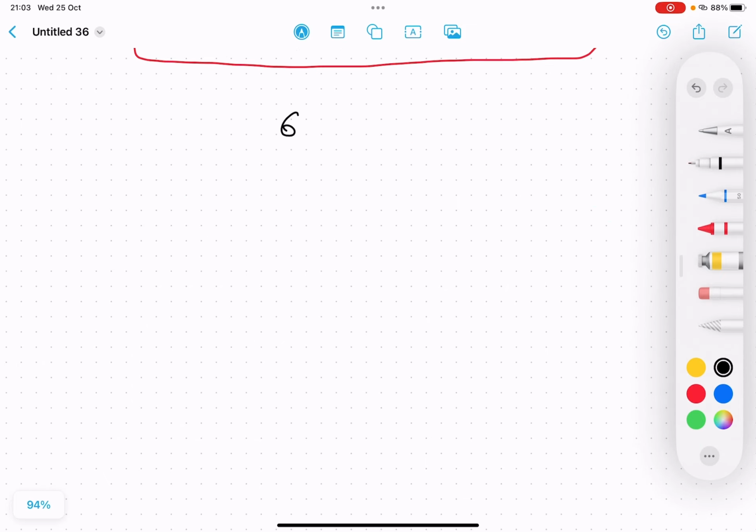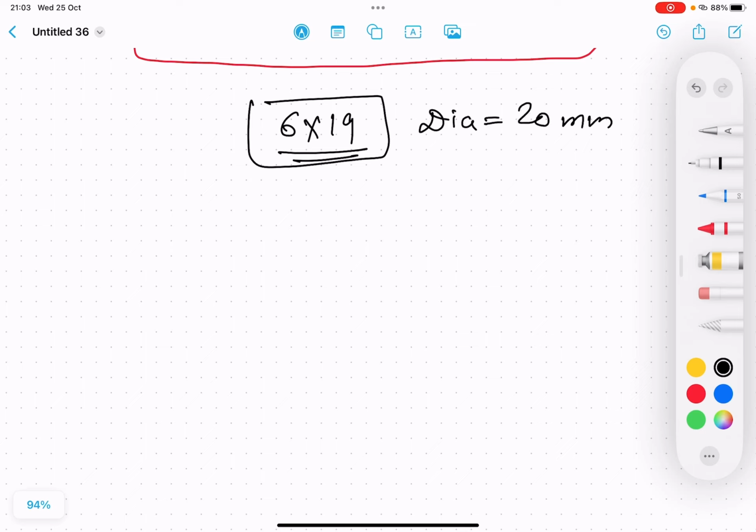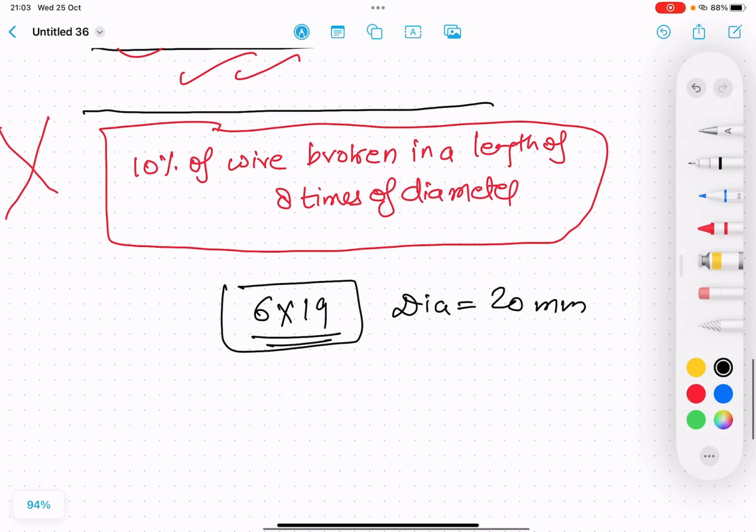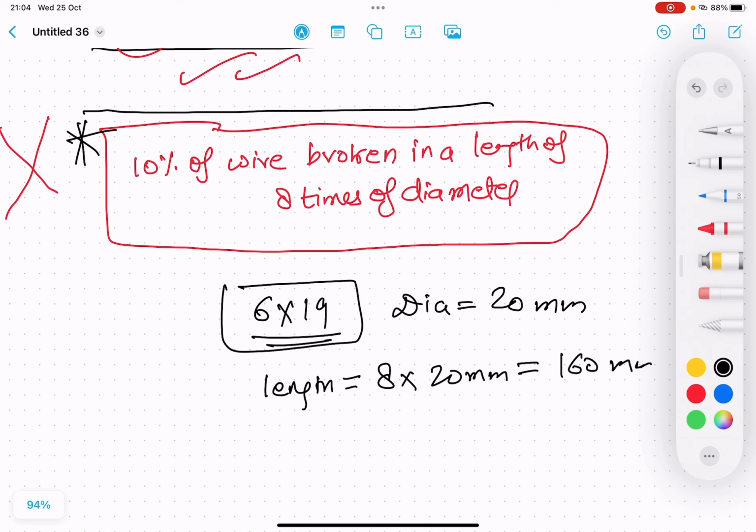Let us take an example of how we will check. Suppose I have a 6 into 19 construction wire rope sling with a diameter of 20 mm. Going to our statement, the length equals 8 times the diameter, 8 into 20 mm, so the length becomes 160 mm.